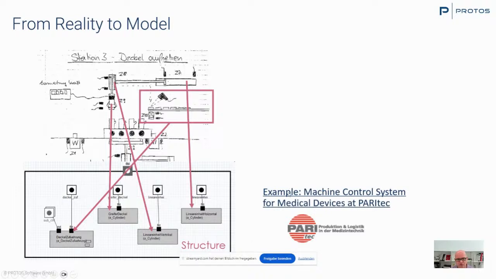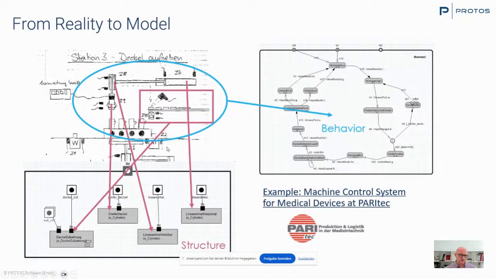So now I have the structure, and I have reusable components, modules, and so on. And now I need the behavior. So again, the mechanical engineer explained to us what the system does and how it's supposed to do it. And we created a state machine that actually moves out the gripper, lowers it, grips a part, pulls it up, and so on.